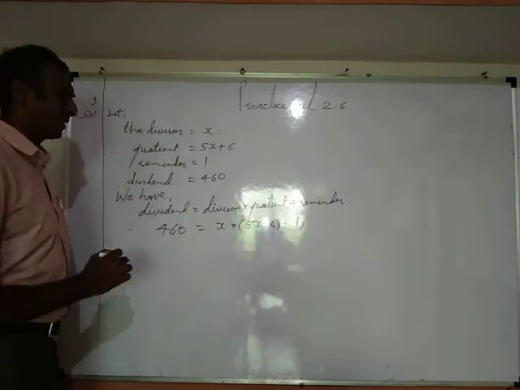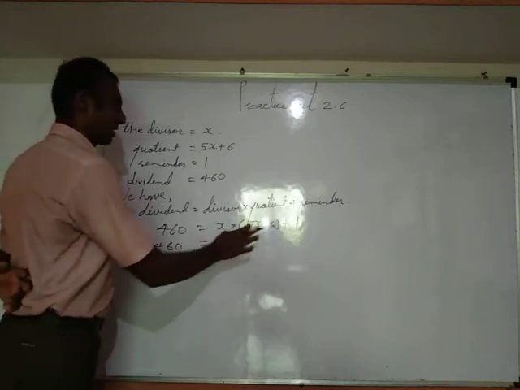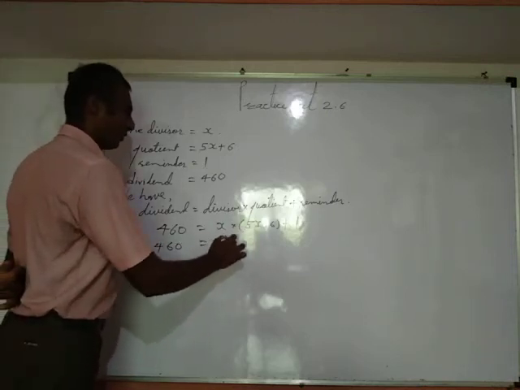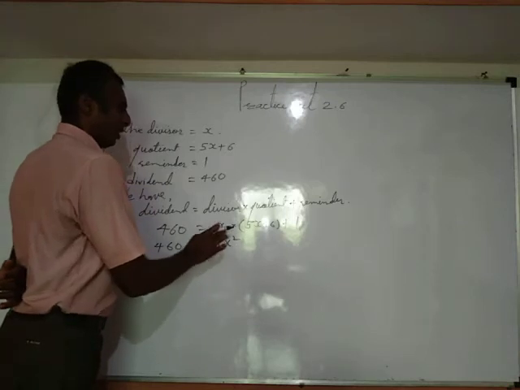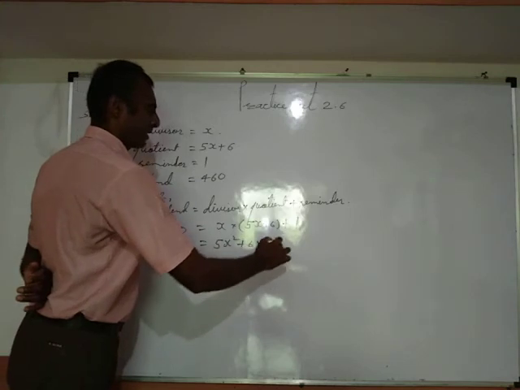Now let's simplify this equation. Therefore 460 equals x into 5x gives us 5x square, x into plus 6 gives us plus 6x, plus that 1 as it is.